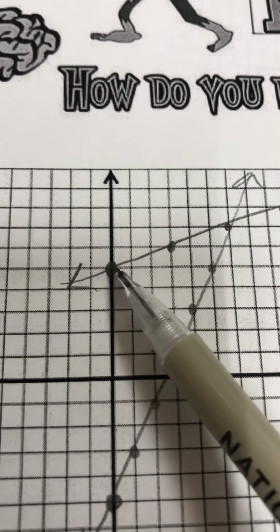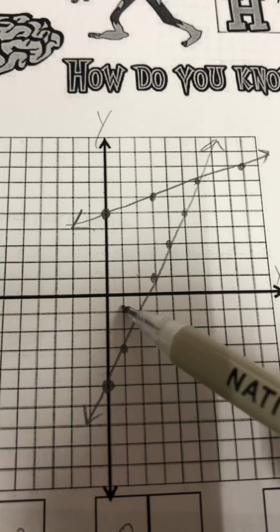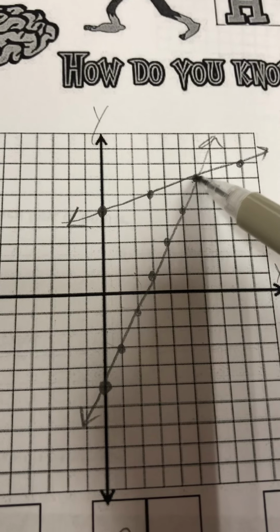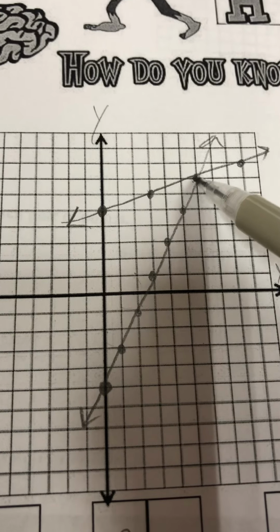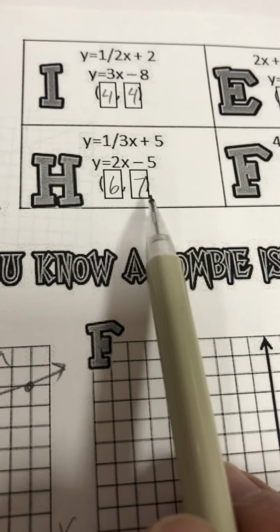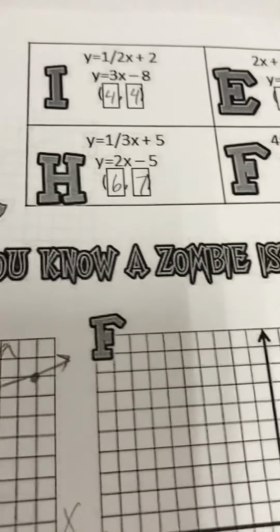The second equation started at -5, and the slope was just a 2, which, remember, is a 2 over 1. If you just have a number, it's over 1. So I go up 2 over 1, up 2 over 1, up 2 over 1, until I got up to here where they intersected. And this point of intersection is 0.67. It's 6 for the x value and it goes up 7 on the y-axis.